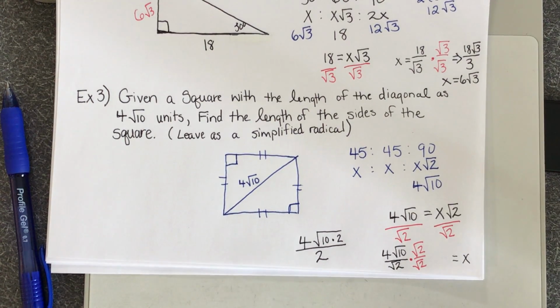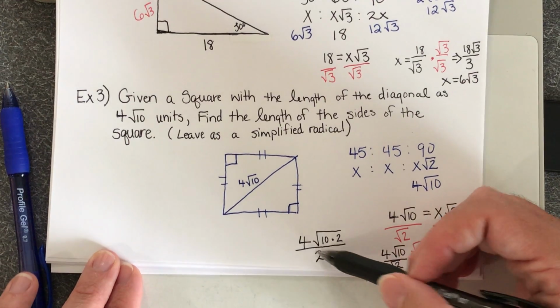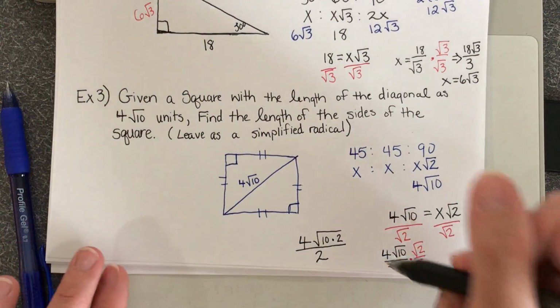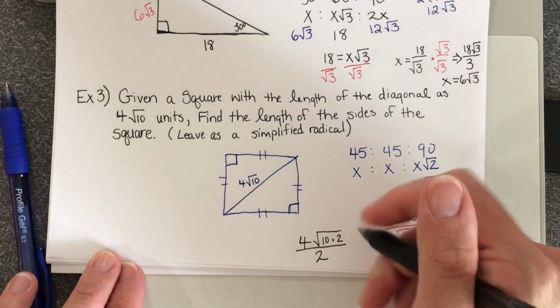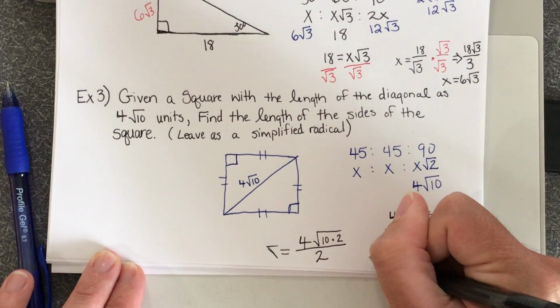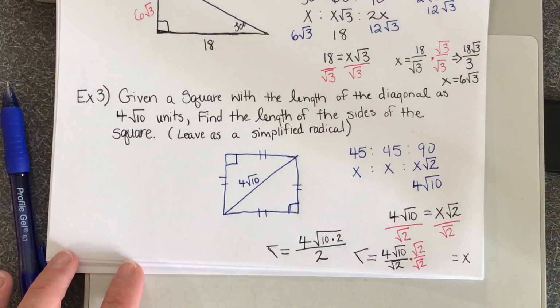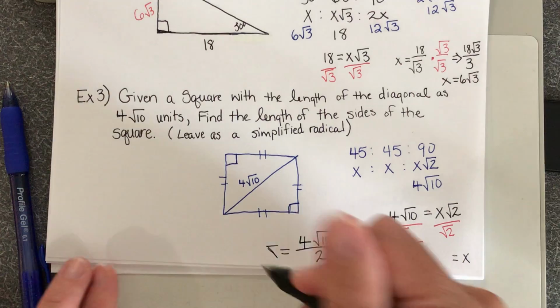Well, I know one thing, 4 over 2 is going to reduce down. So 4 divided by 2 reduces down. Sorry, I run out of room, so I'm having to go the opposite way. 4 over 2, 4 divided by 2 reduces down to 2.